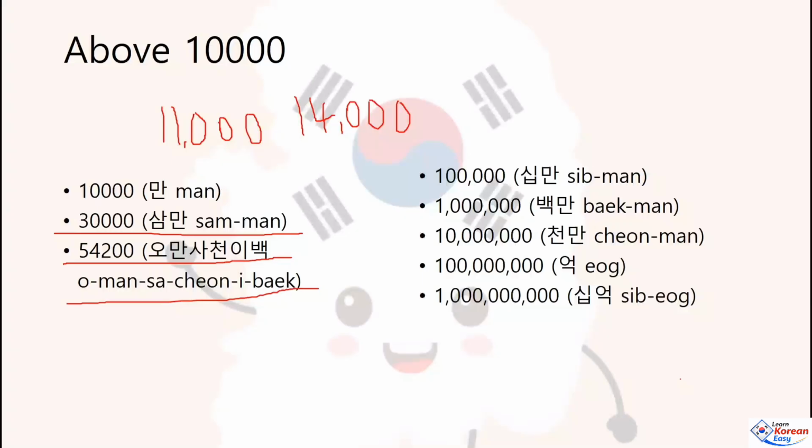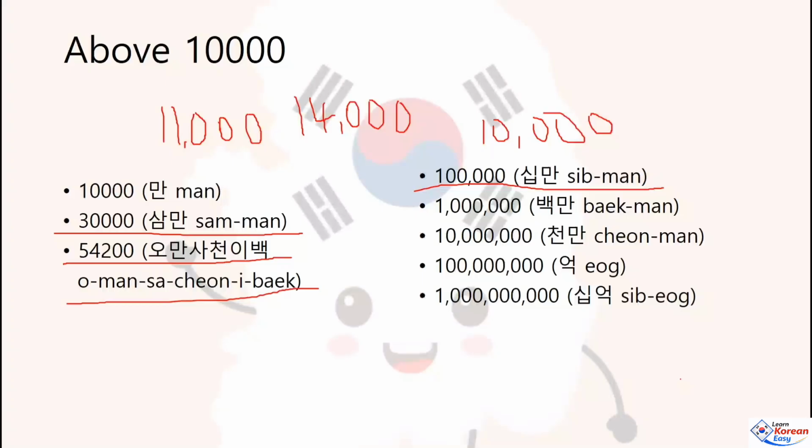So let's go even higher. 10만. Oh, that's 100,000. So why 10만? Because 만 was 10,000. 1만, just 만 was 10,000.